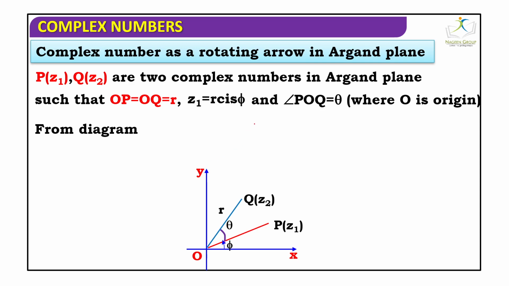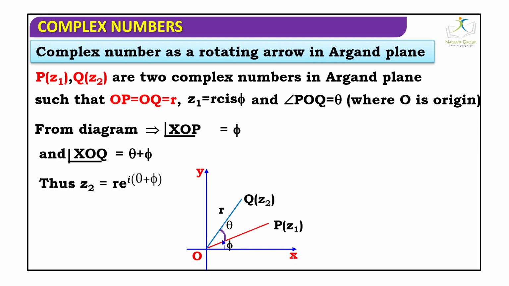That is why we have written cis phi, right? From the diagram, angle XOP equals phi. XOQ equals, if this is phi and this is theta, then the complete XOQ will be theta plus phi.